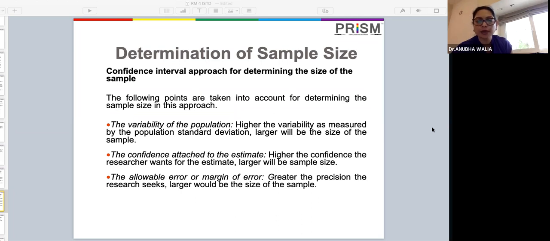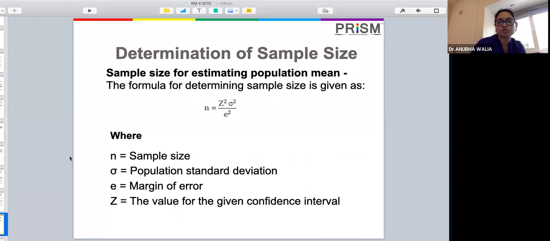There is a set of formulas that gets used to identify the sample size for estimating the population mean.